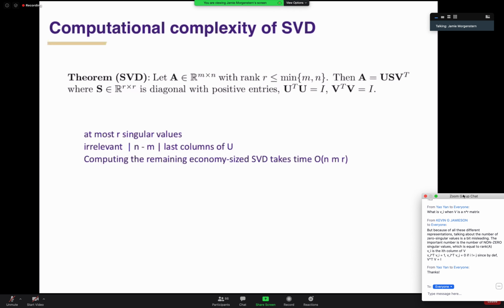So what is the computational complexity of using the SVD to find the top K eigenvectors? The economy size SVD that we were talking about takes time that depends on N, M, and R multiplied together. Remember, A was originally N by M, so N times M is like the amount of time you need to even read in A. And then we pick up an R, where R is the rank of our matrix.